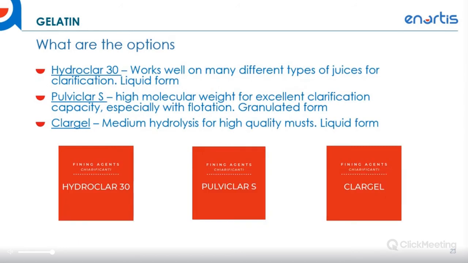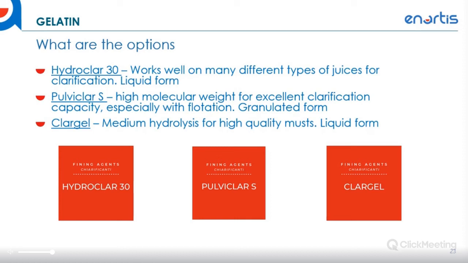So what are the options in terms of animal-based proteins? Gelatins, not all gelatins are created the same, and so there are different options in terms of the gelatins that you use for different applications. These are the gelatins that we offer that are useful for clarification of juices.